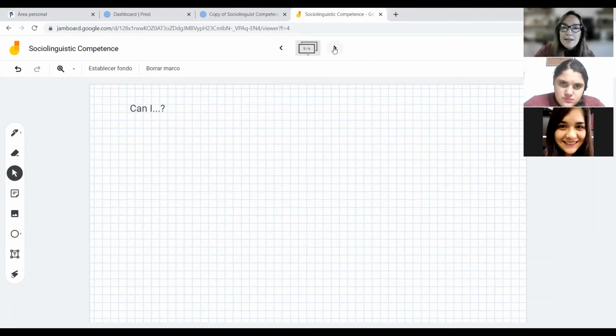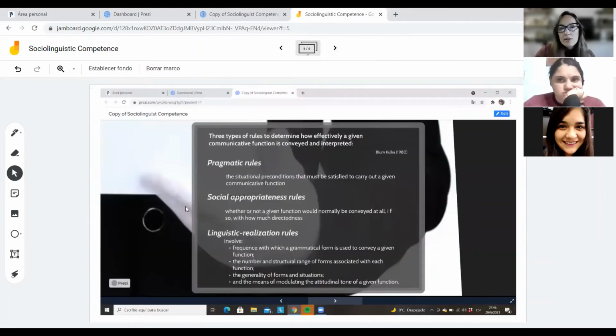And on the last slide, you have here the rules that you have to take into account, right? To see, for example, especially I would say the linguistic realization rules, right? The frequency with which that grammatical item is used for that function, right?